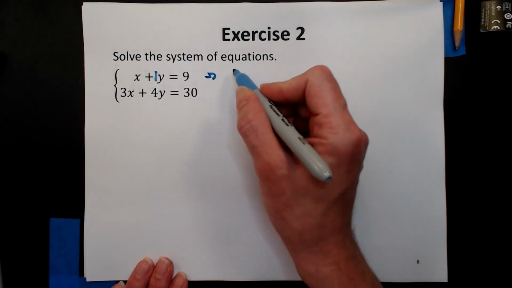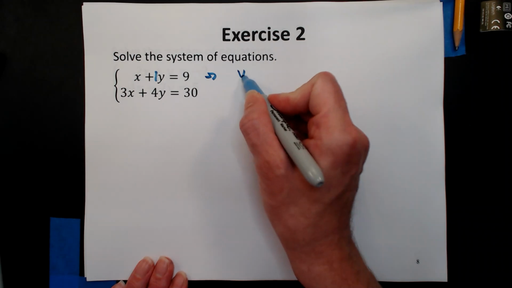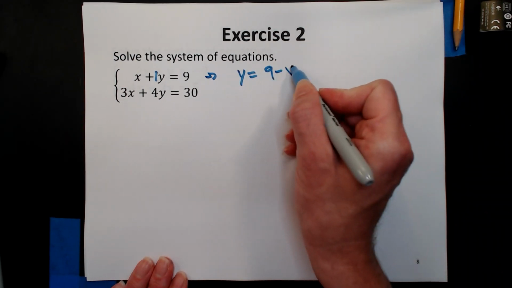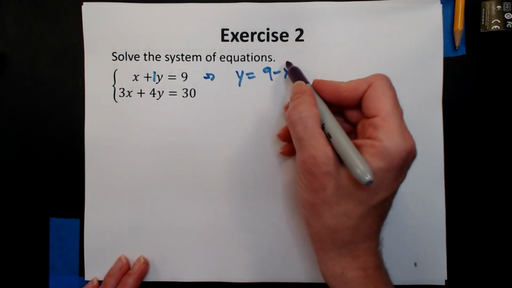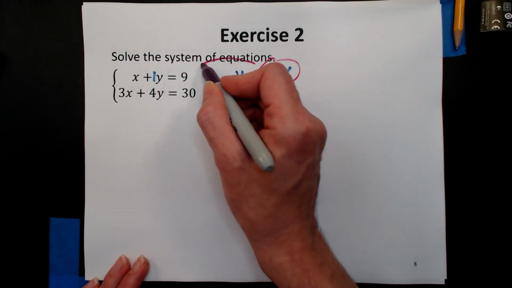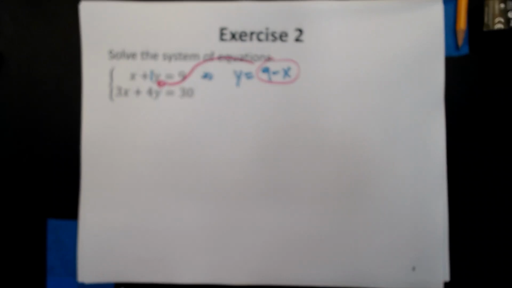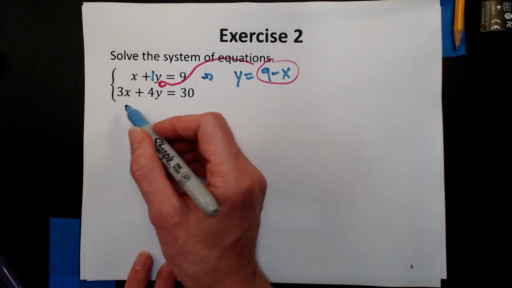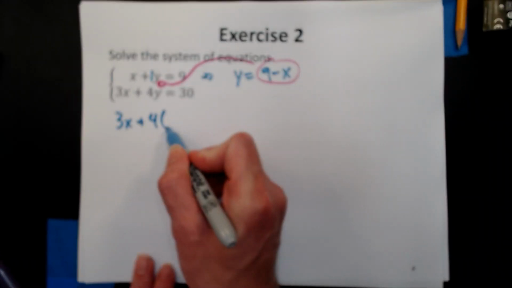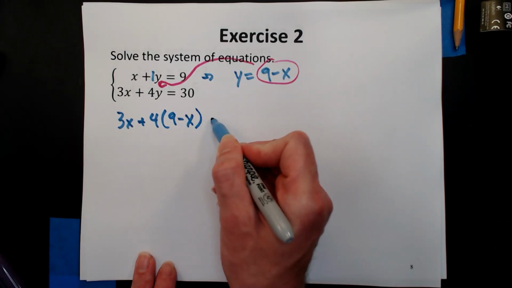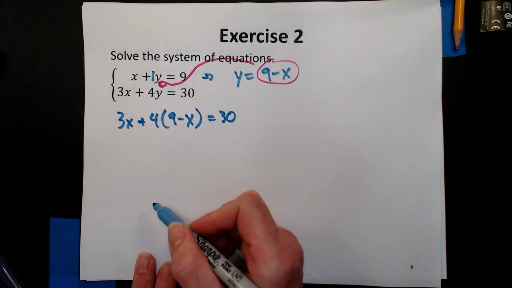So I'm going to rewrite this first equation as y equals 9 minus x. Now I'm going to take this 9 minus x and plug that in for y right here. So now my new second equation becomes 3x plus 4 times 9 minus x equals 30.